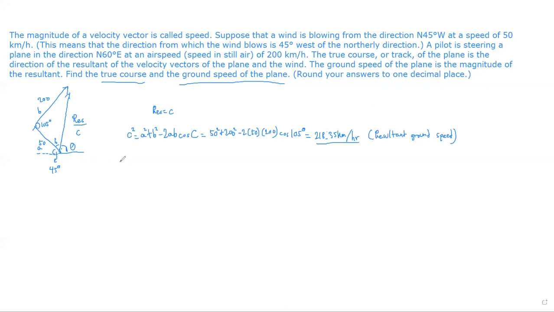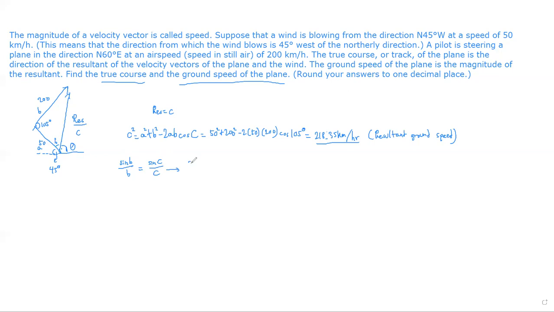So sine B over B is sine C over C. And let's just plug the values in.